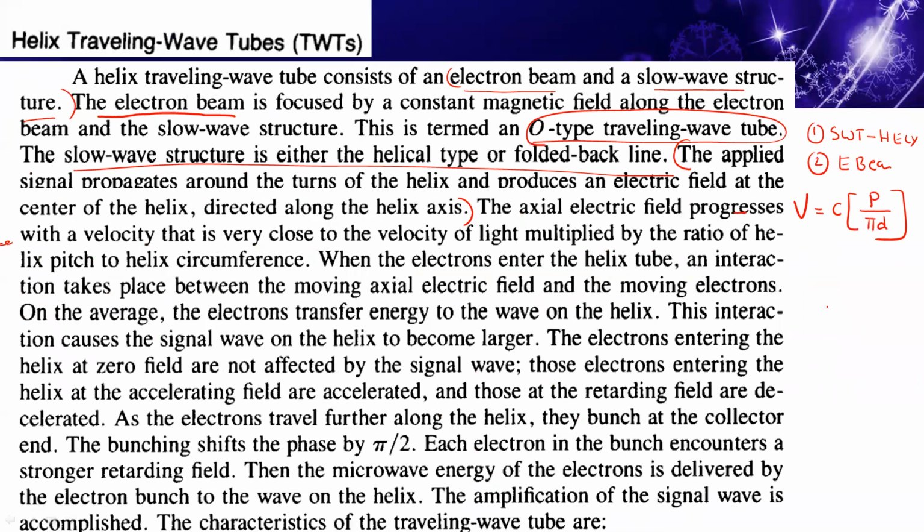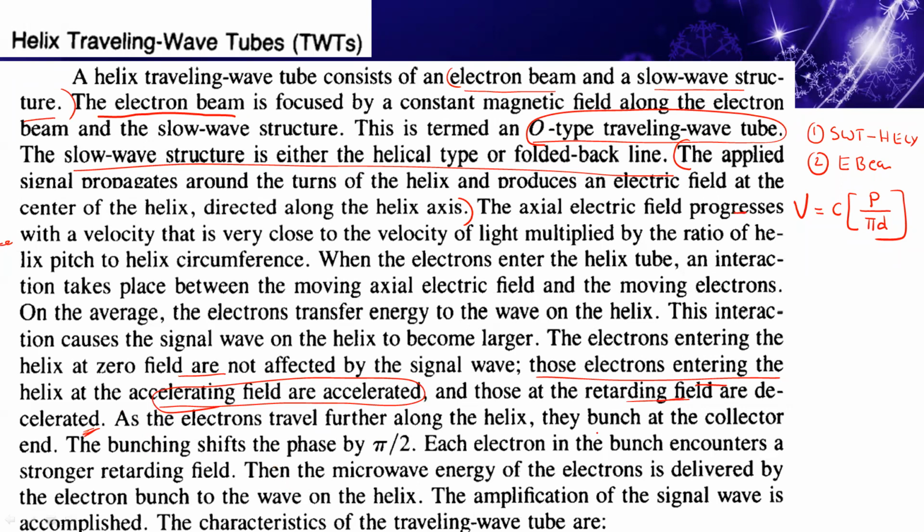That's why I mentioned that when electrons enter the helix, with an accelerating electrical field they are accelerated. Similarly, in the retarded field, all electrons are decelerated. These accelerating and decelerating fields occur every half cycle of the electron beam.